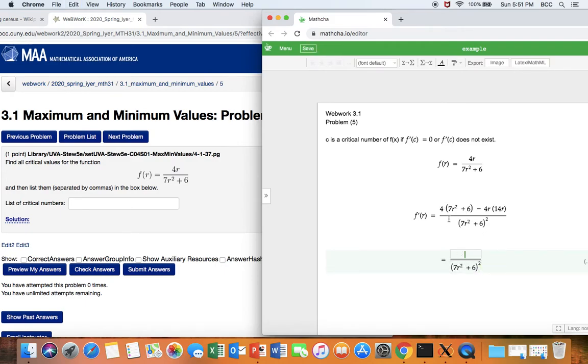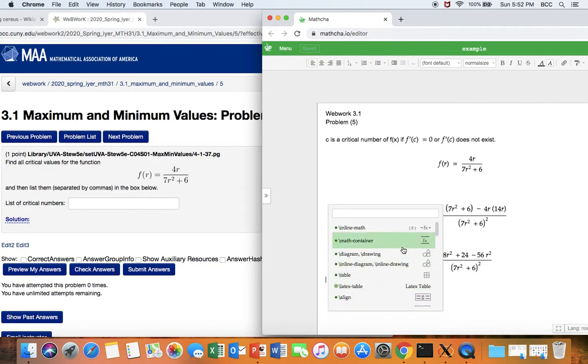In the numerator, the 4 distributes, so that gets me 28r squared plus 24, minus 4r times 14r. So 4 times 14 is 56, and r times r is r squared.